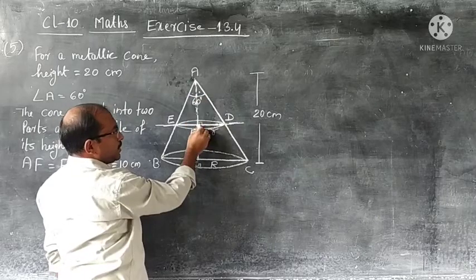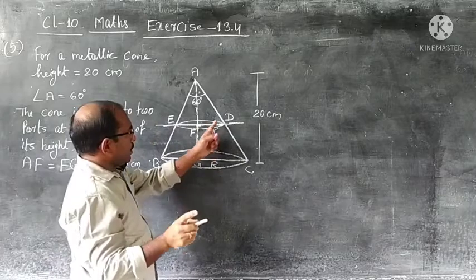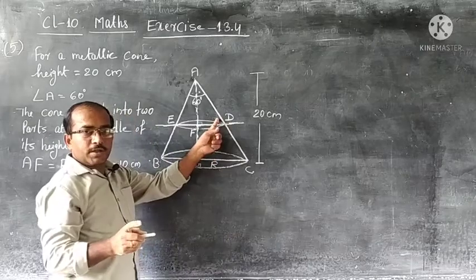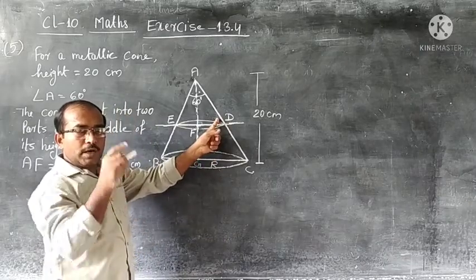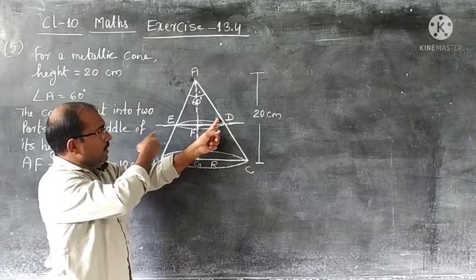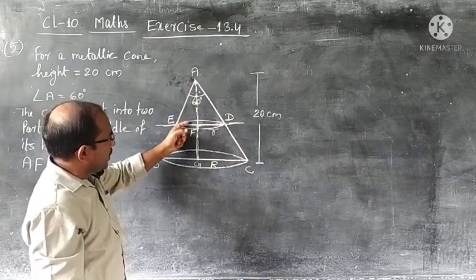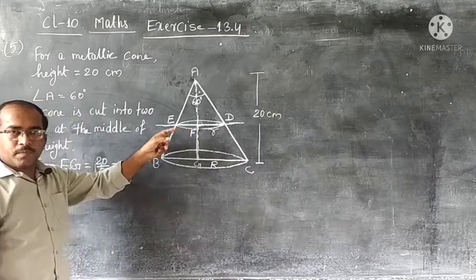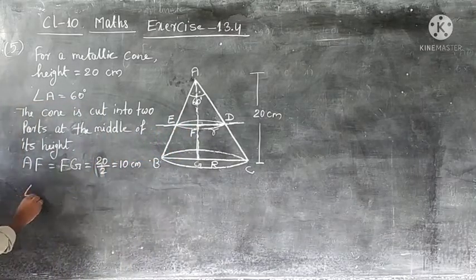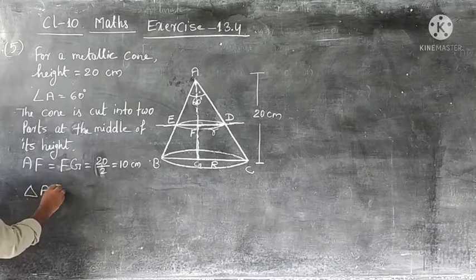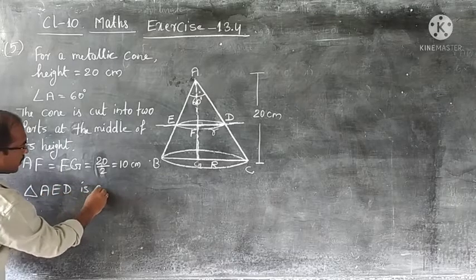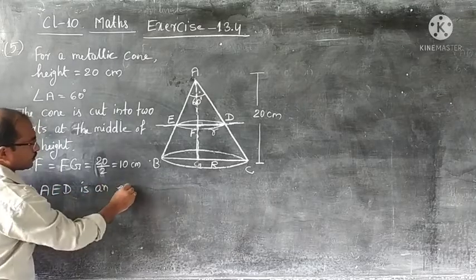So 30, 90, 120. So the third angle will be 60 degrees. So when we look at triangle AED, we find angle A is 60, D also will be 60 and E also will be 60. That means triangle AED is an equilateral triangle.